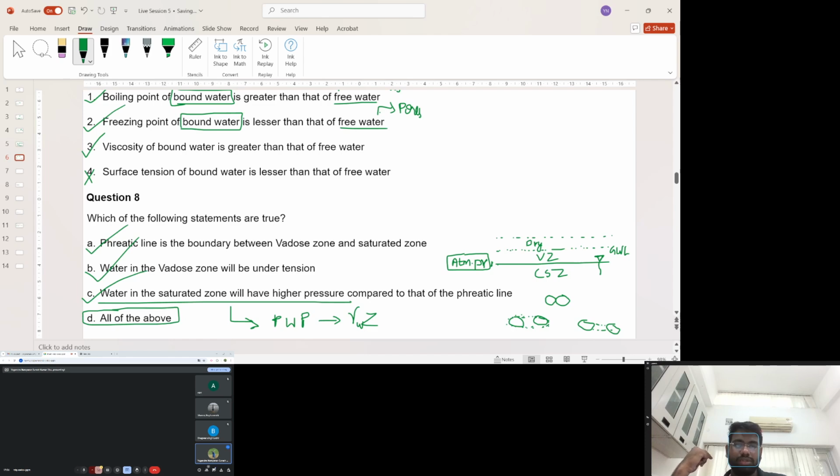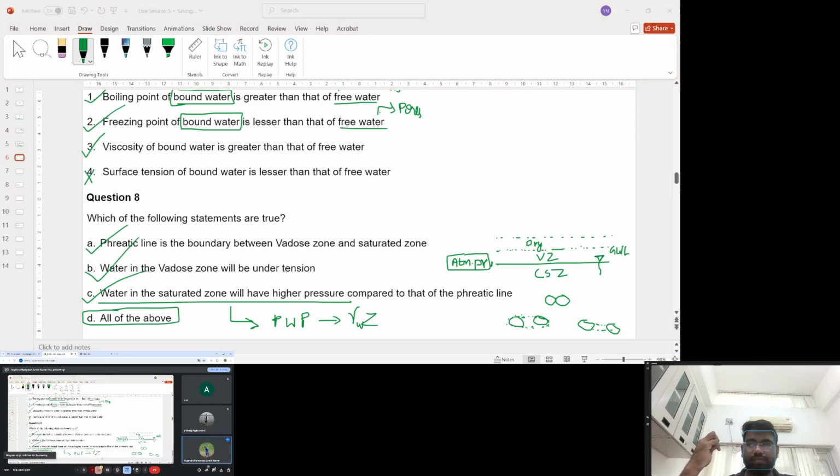Any confusions or any doubts? Sir, can I clarify a small doubt? Can you draw in the partially saturated zone two grains and water?